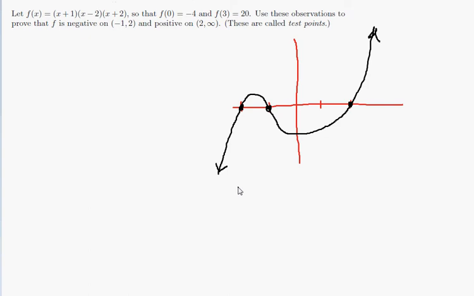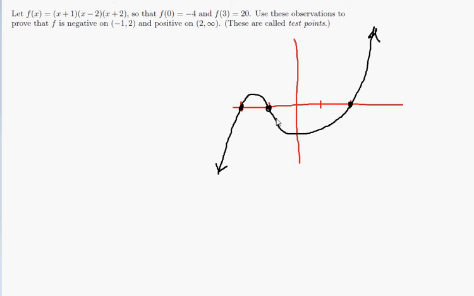So this is a technique used in pre-calculus for students to be able to provide rough sketches of polynomials that does not require calculus. Just simply finding the points and then using test points in between the roots of the polynomial. Of course, when students learn calculus, they can provide better graphs by exactly finding where the peak is here and where the trough is down here, as well as finding the point of inflection.